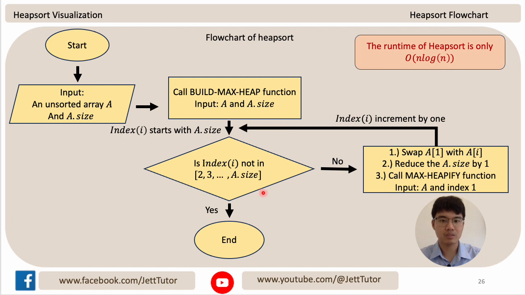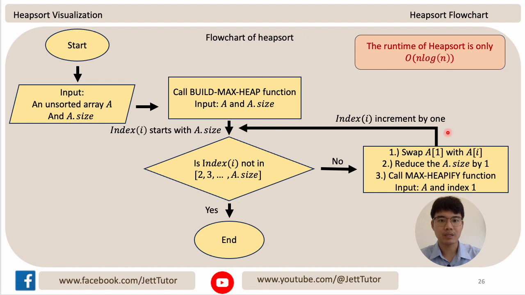But if it's not, we have to swap A1 with Ai, and then we reduce the size of the array by 1, and then we call the max heapify function.